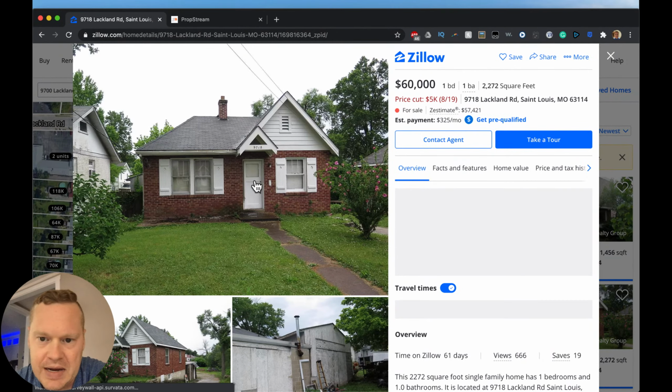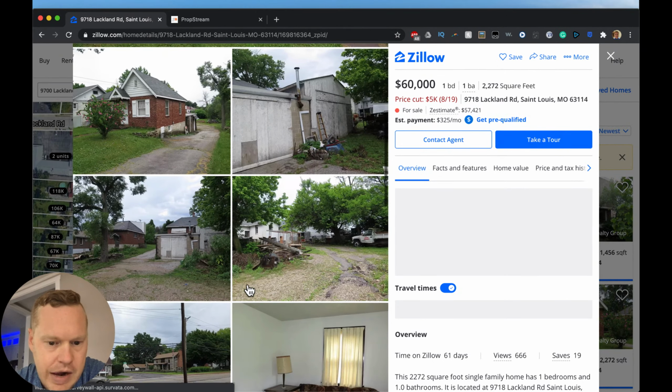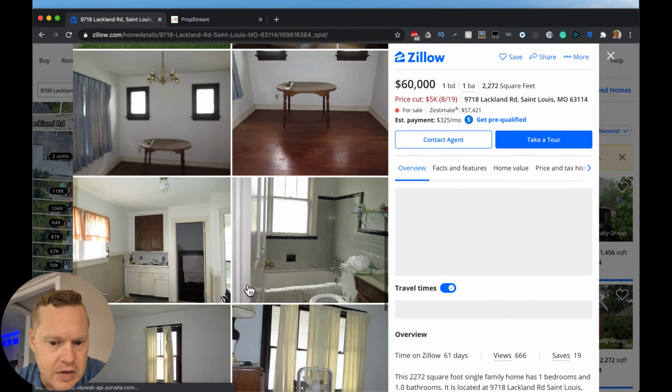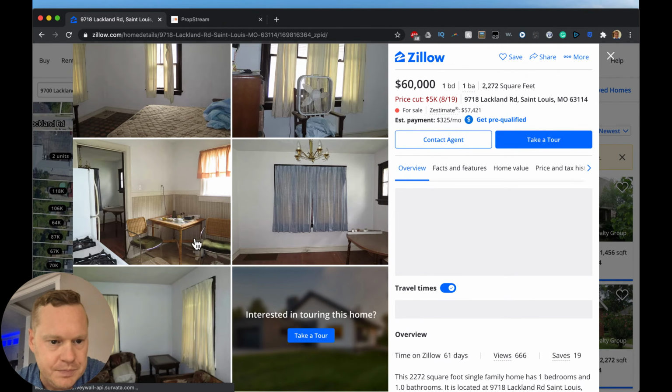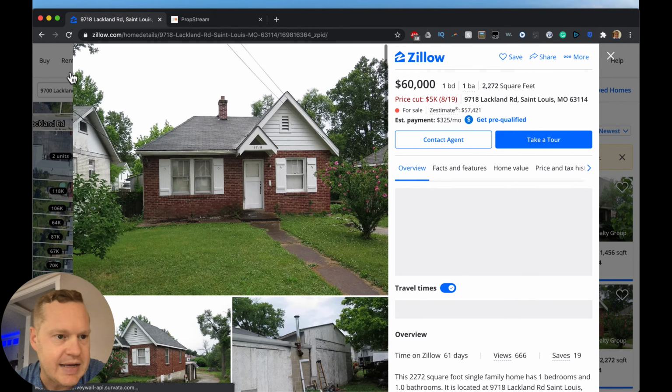No way that's correct. This is a much smaller property than that. But you can see, again, it's been not updated, not rehabbed, not maintained that well.